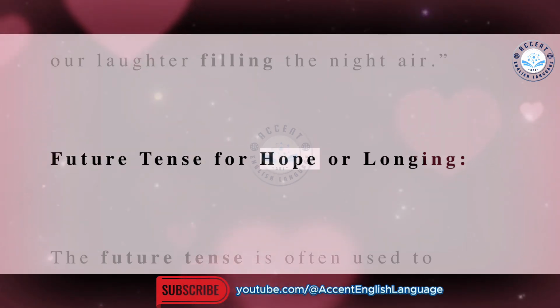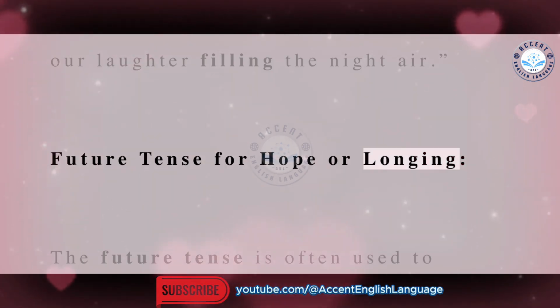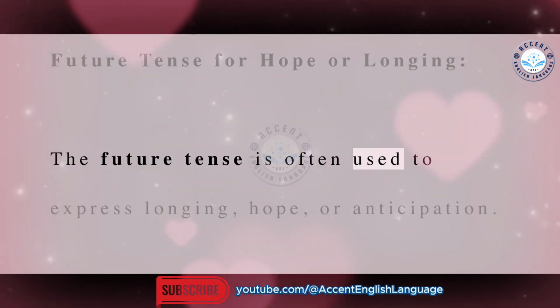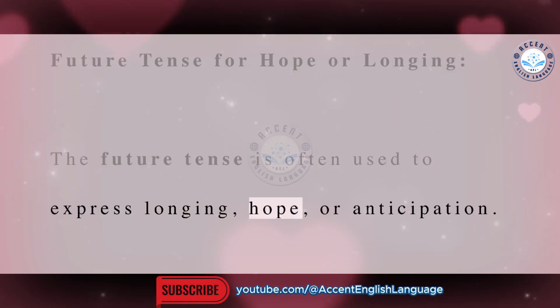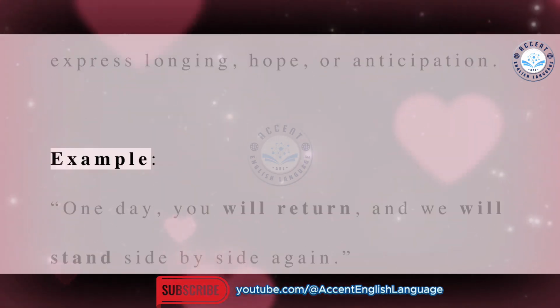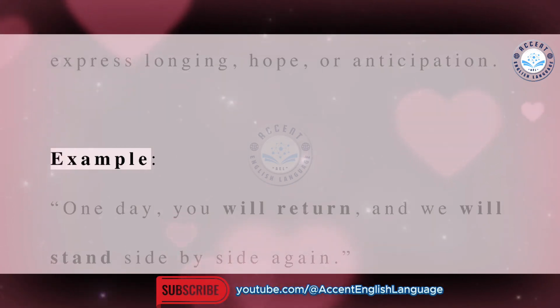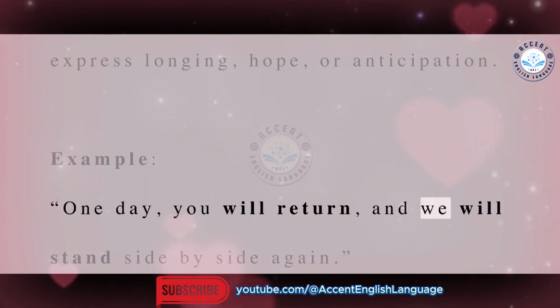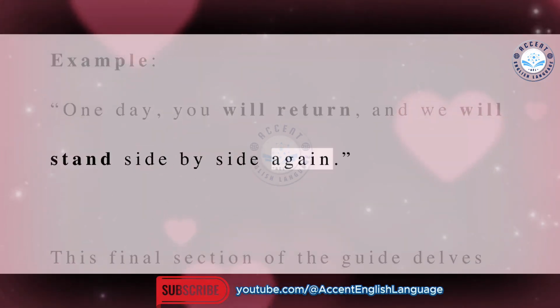Future tense for hope or longing. The future tense is often used to express longing, hope, or anticipation. Example: one day you will return and we will stand side by side again.